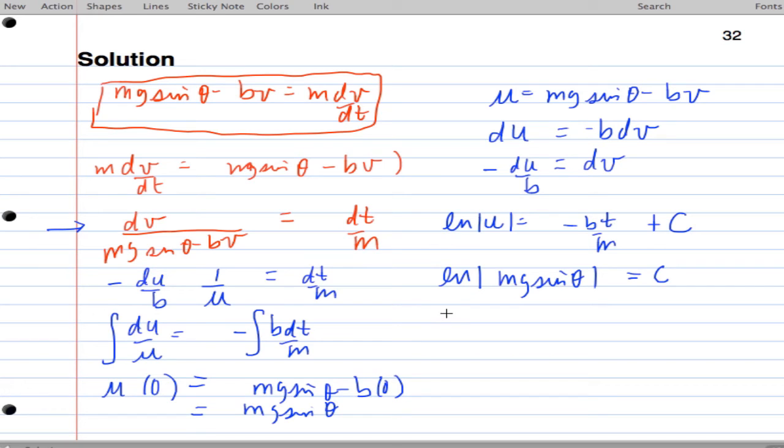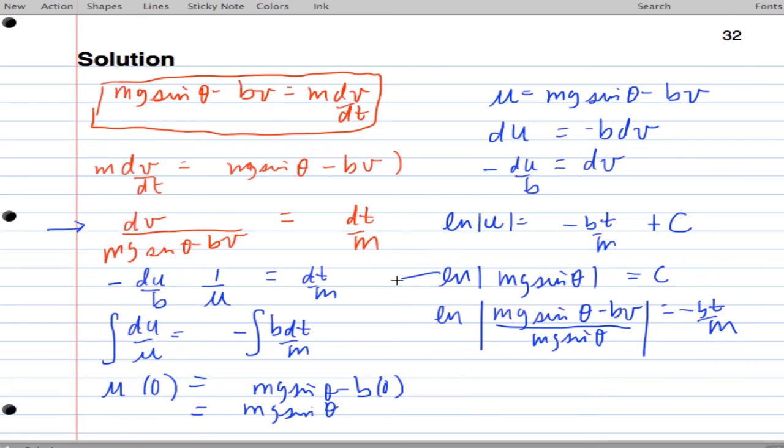So what I end up getting for my expression here is ln of (mg sine theta minus bv) all over mg sine theta equals negative bt over m.